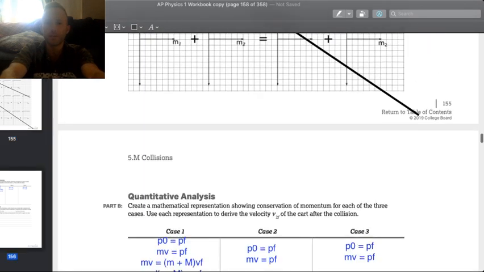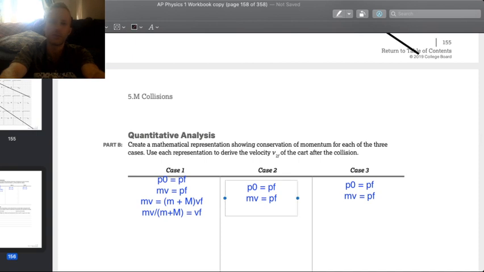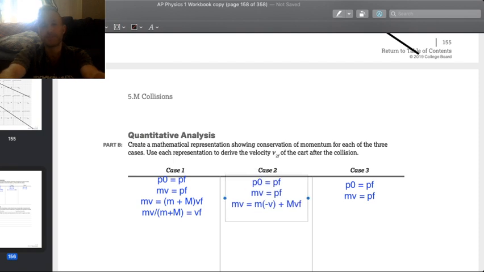Case 2, the dart bounces backward off the cart. If the dart bounces backwards, then afterwards the dart has some kind of a negative velocity, so we have minus v. That first term is the momentum of the dart afterwards, and then we also have the momentum of the cart, which is big M times V final.